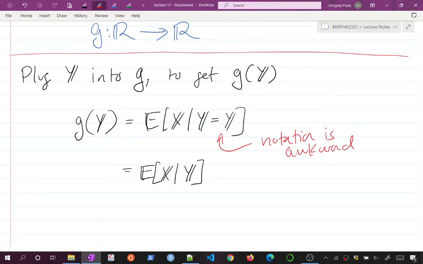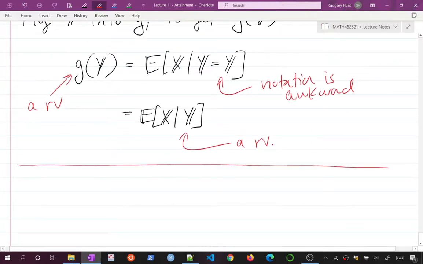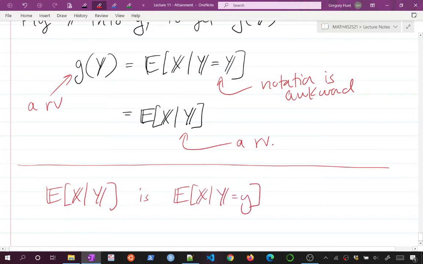But notice that g is just some function, Y is a random variable, so g of Y is another random variable, and our notation for g of Y, because that's really cumbersome to write, is expected value of X given Y, and this is a random variable. Basically, an even easier way is that expected value of X given Y is this thing, whatever this quantity is, but treat little y as random.